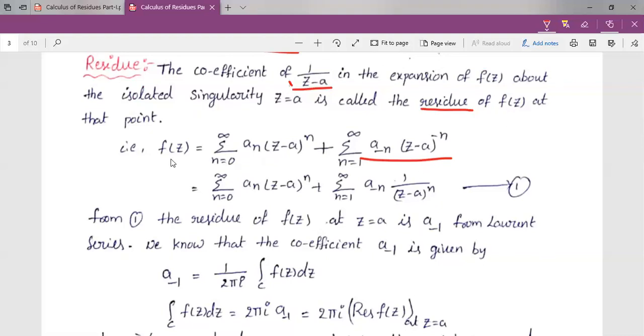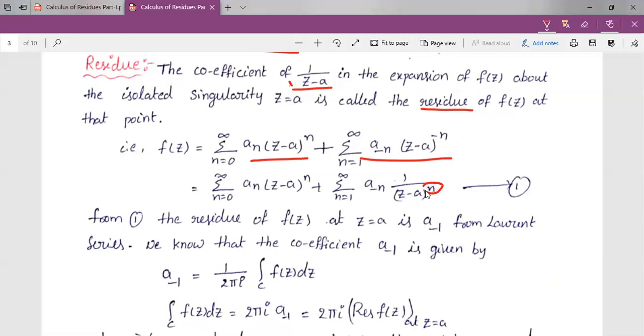So when we consider f(z) in powers of (z − a), the positive powers of (z − a) are called the analytic part, and the negative powers of (z − a) are called the principal part. Based on the principal part, we consider the residue of f(z), that is, the coefficient of 1/(z − a).